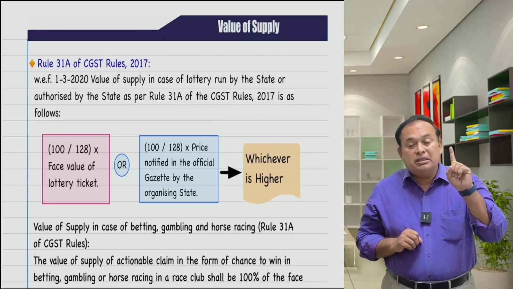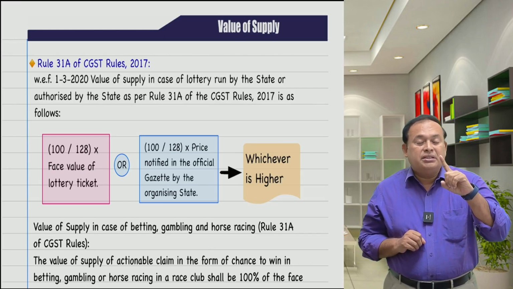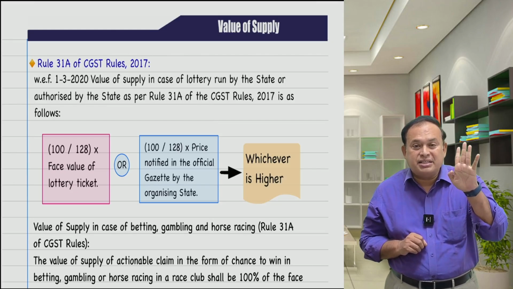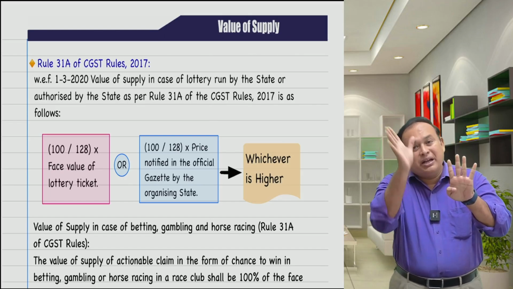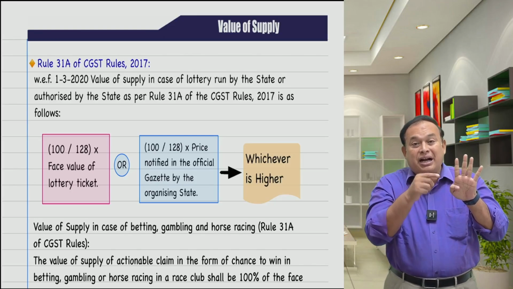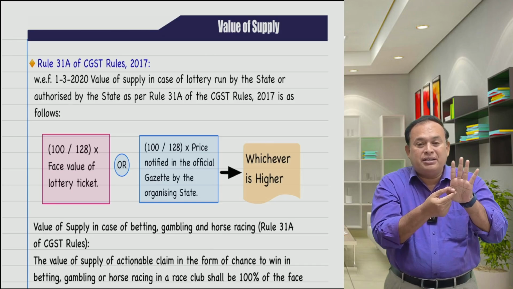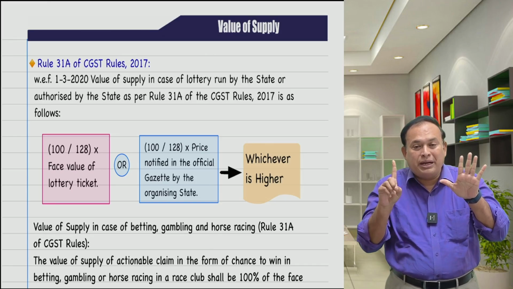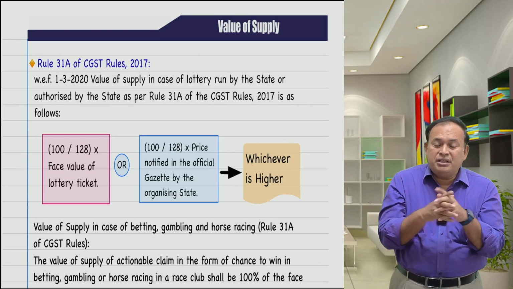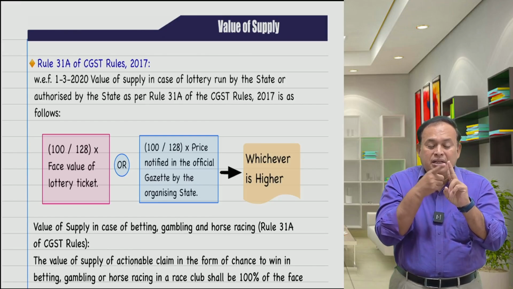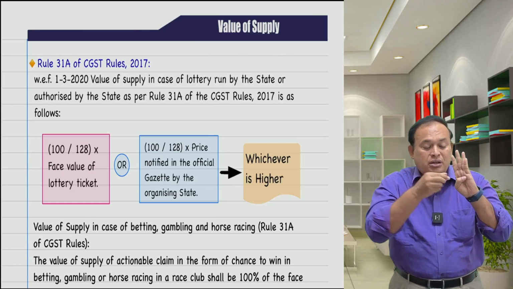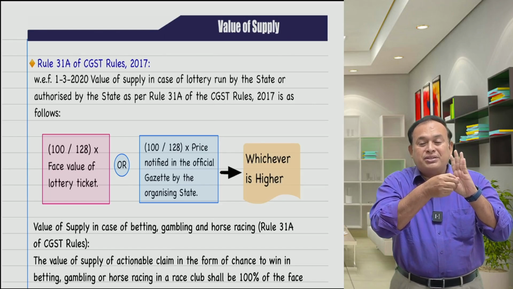Gambling, lottery, betting, horse racing: these are the 4 already there under actionable claims. Now added under specified actionable claims: 1 more point, casino; 1 more point, online gaming. So there are 6 points. 1 is lottery, betting, gambling, horse racing. Now newly added from 1st October 2023, 1. Speak out please. 1.